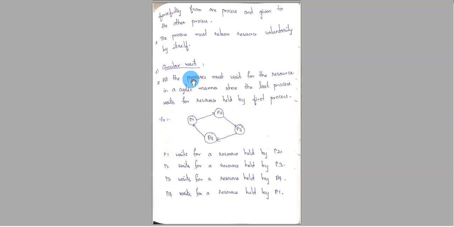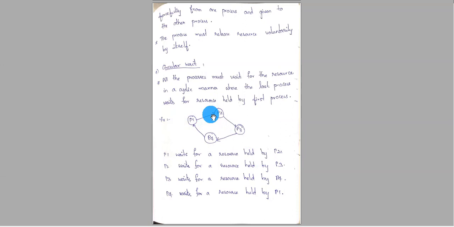Circular wait. All the processes must wait for the resource in a cyclic manner where the last process waits for the resource held by the first process. Now see this diagram. With this diagram, you will understand it. Here you can notice a circular loop. P1, P2, P3, P4. Directional graph. P1 waits for a resource held by process P2. See this arrow.